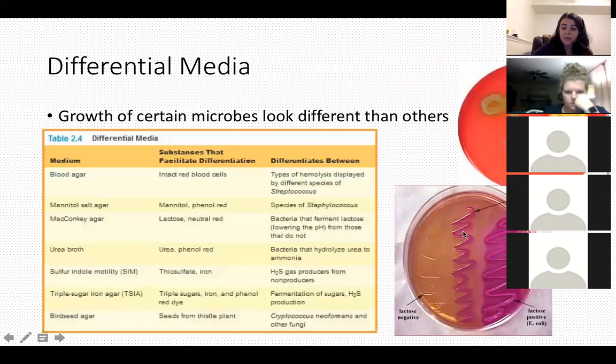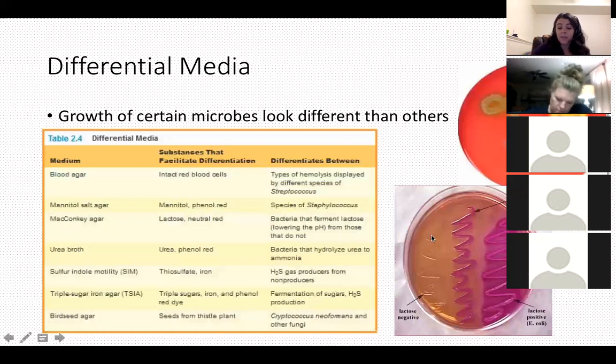This is another example of differential media, where we look at bacteria that can ferment lactose. We've added lactose to this media, it's called MacConkey agar, and we've added an indicator dye. The indicator dye is going to change color based on the pH of the media. So if the bacterium is able to ferment that lactose, the fermentation byproducts that are created are going to drop the pH, and the dye is going to change color.